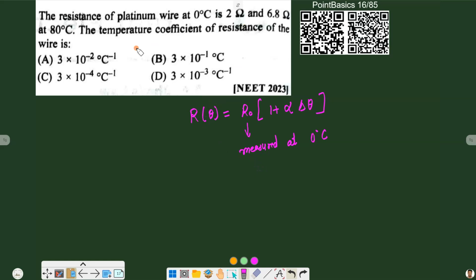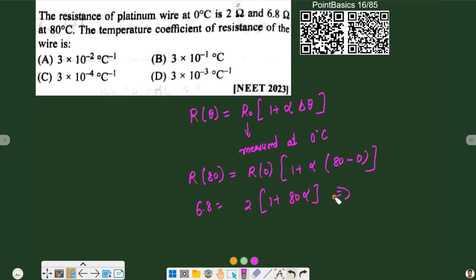So if we write for 80 degree Celsius, R80 will be equal to R0 into 1 plus alpha times 80 minus 0. R80 is 6.8 ohm, R0 is 2 ohm, so 6.8 by 2 gives 3.4, which is equal to 1 plus 80 alpha.